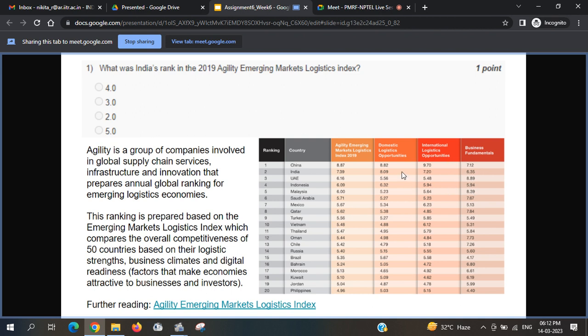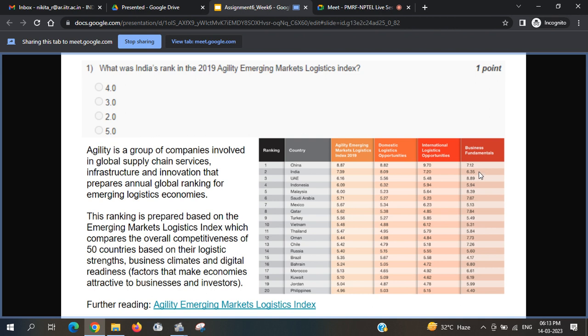And then even the individual components of the index have been mentioned here. For example, the domestic logistics opportunity present in different countries, then international logistics opportunities, and then the basic business fundamentals which exist in different countries, how different countries rank.